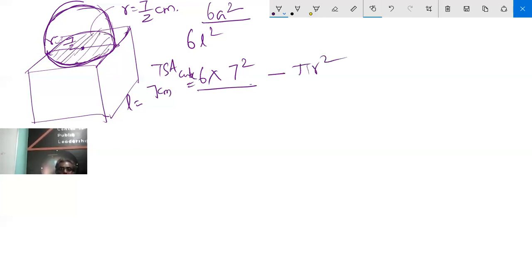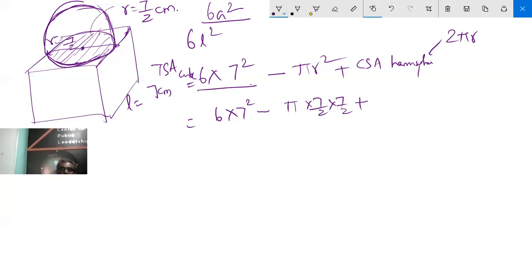Then, the CSA of the hemisphere. So 6 into 7 squared minus pi into r squared, where r is 7 by 2 into 7 by 2, plus the CSA of the hemisphere. 2 pi r squared is the formula for the CSA of a hemisphere; 4 pi r squared is for a sphere.